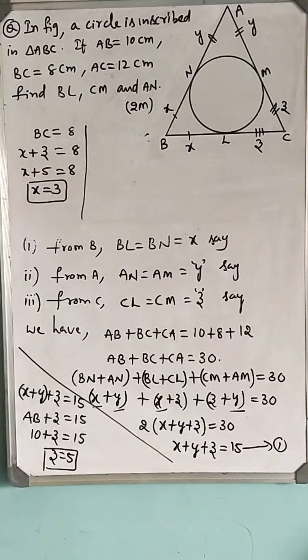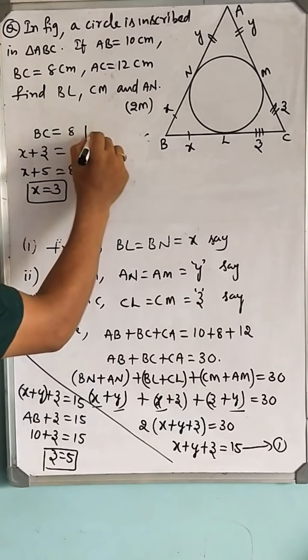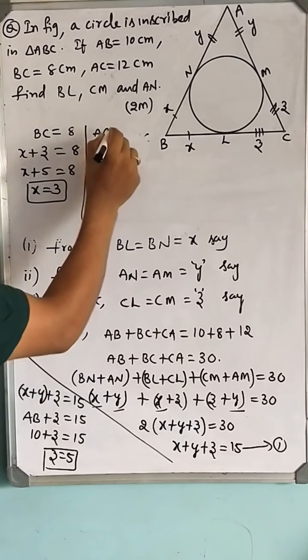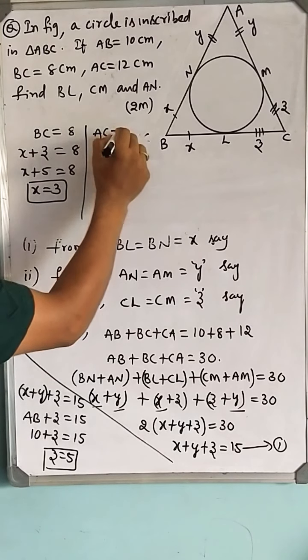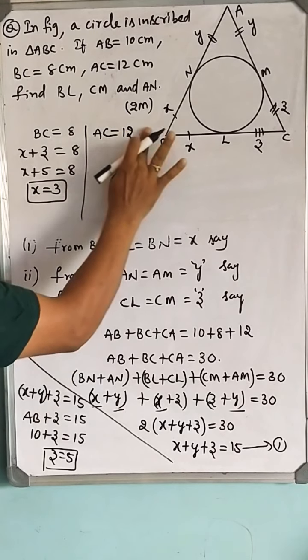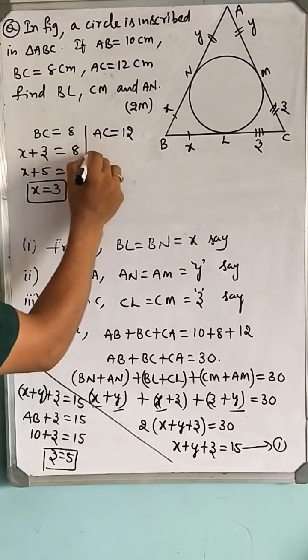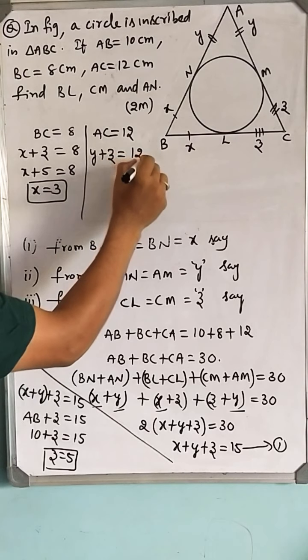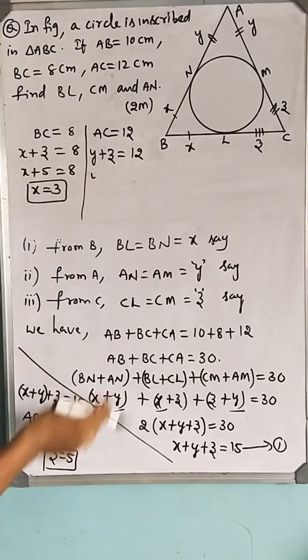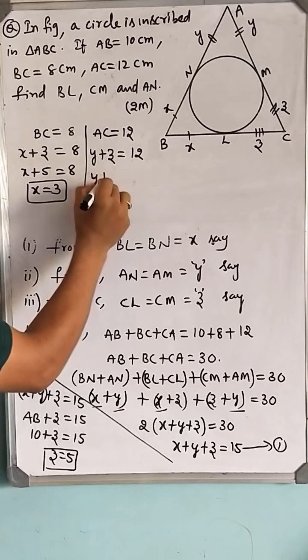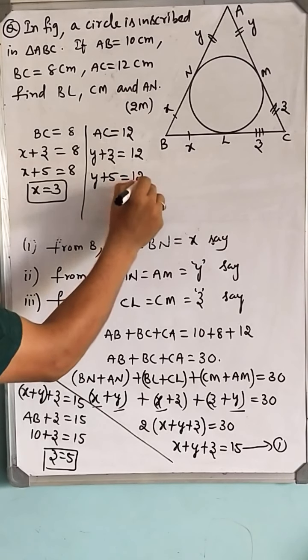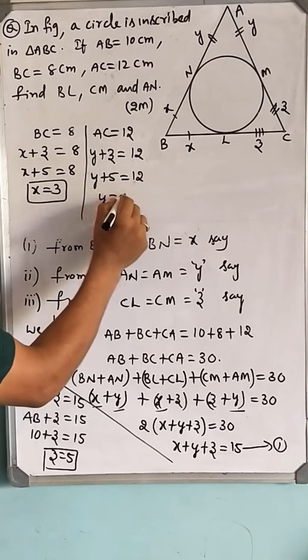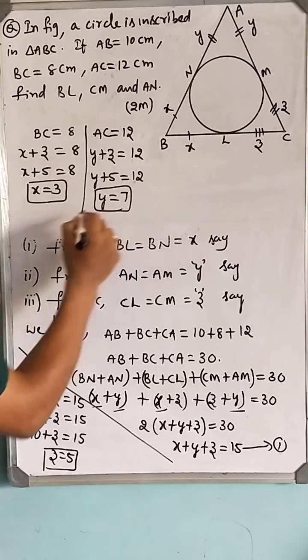Similarly, AC is equal to 12 centimeters. That is, AC means the sum of y plus z. y plus z is equal to 12. As z is equal to 5, y plus 5 is equal to 12, then y is equal to 12 minus 5, 7.